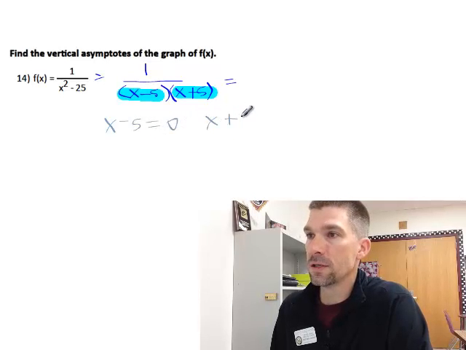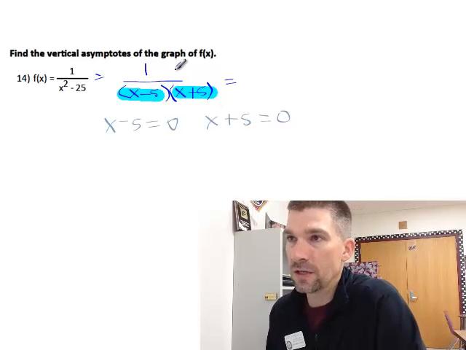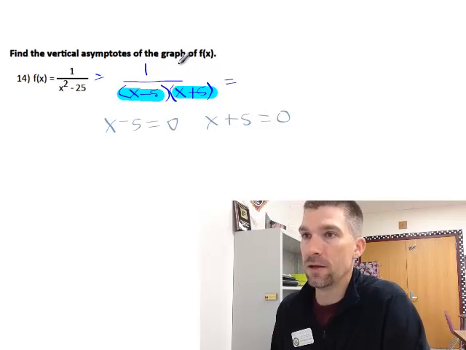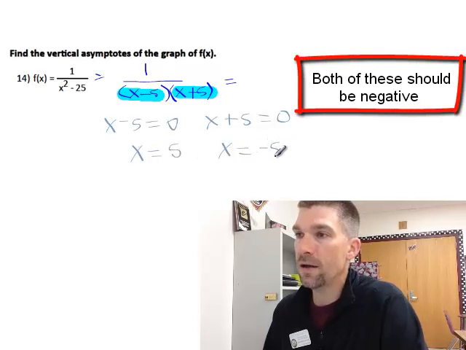Where this occurs is where we're going to have our vertical asymptotes. And notice that there's no x minus 5 or x plus 5 factor in the numerator. So everywhere that x is equal to 5 and everywhere that x is equal to negative 5, you're going to have a vertical asymptote.